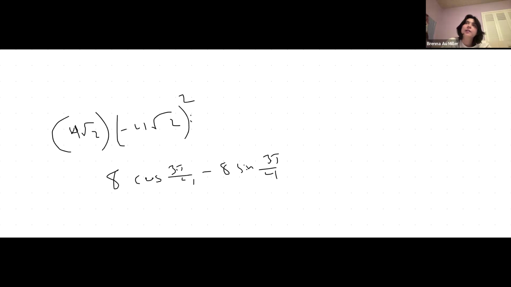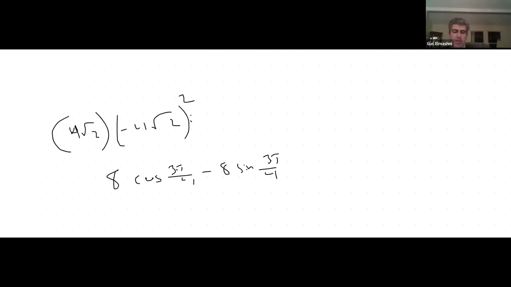I was fine on going from rectangular to polar, but I was having trouble going from polar to rectangular because we weren't allowed to use our calculator to do trig functions. To go from polar to rectangular, you just do r cos theta, r sine theta. R cos theta is x and r sine theta is y. Oh, I totally forgot about that.